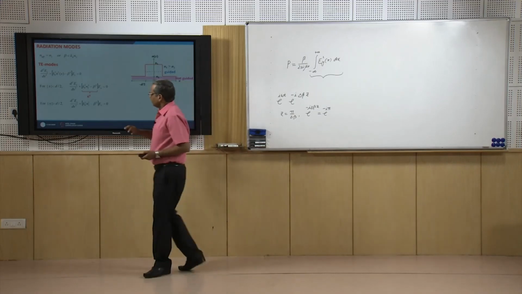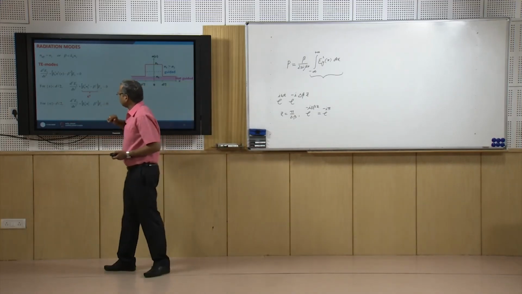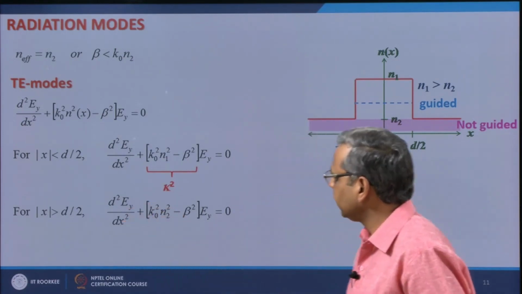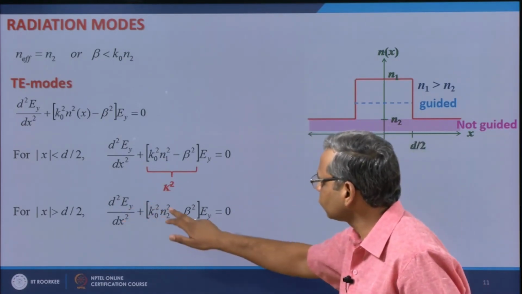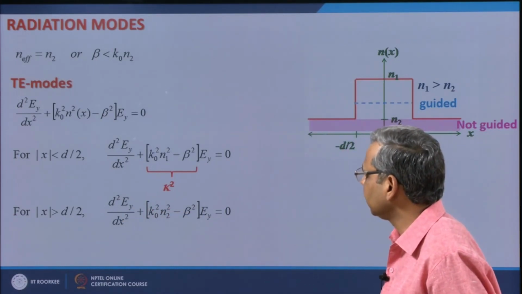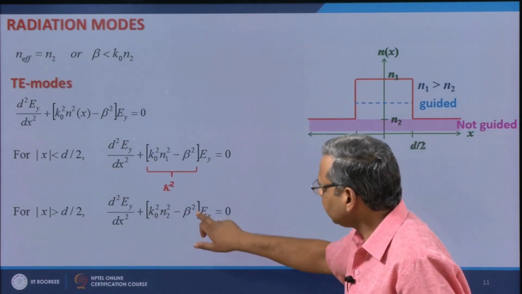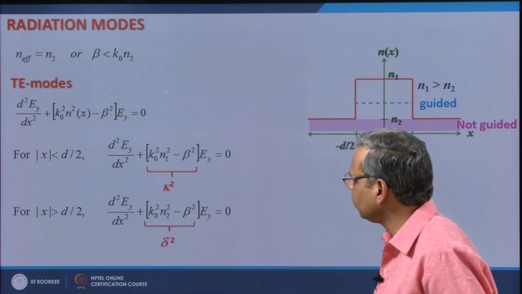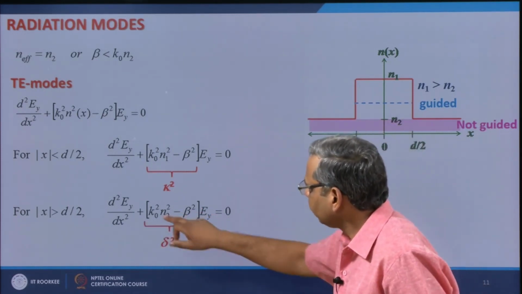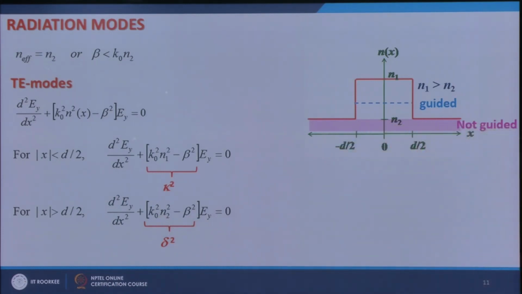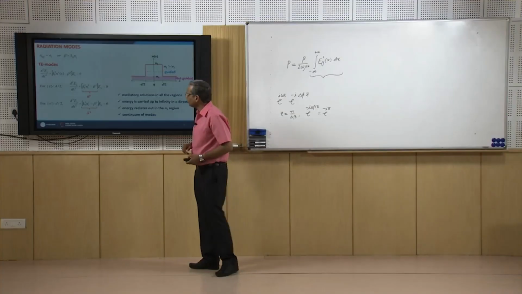Now, in the region for mod x greater than d by 2, I would have d2 Ey over dx square plus k naught square n2 square minus beta square times Ey equal to 0. And since beta is smaller than k naught n2, if I define this as delta square, then delta square would be positive. And what will I have?